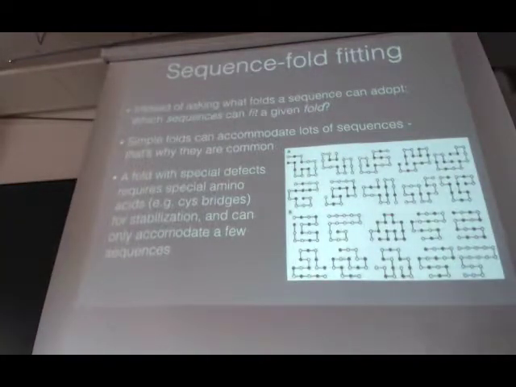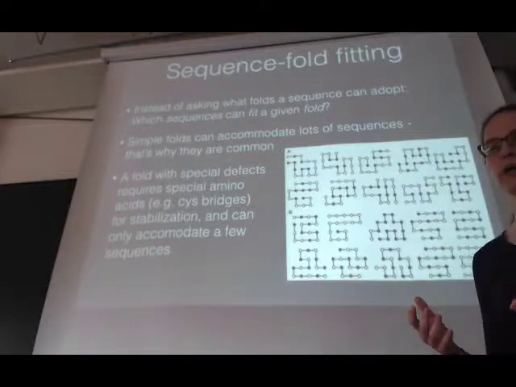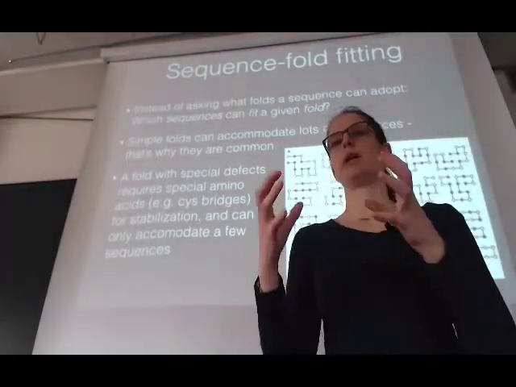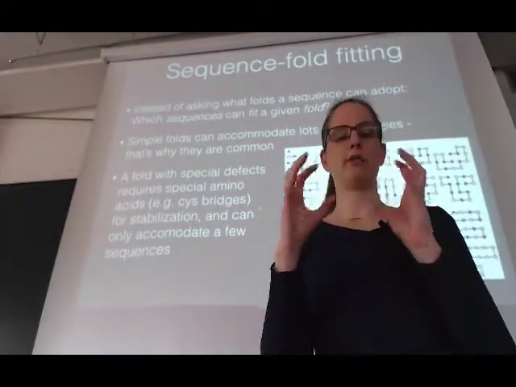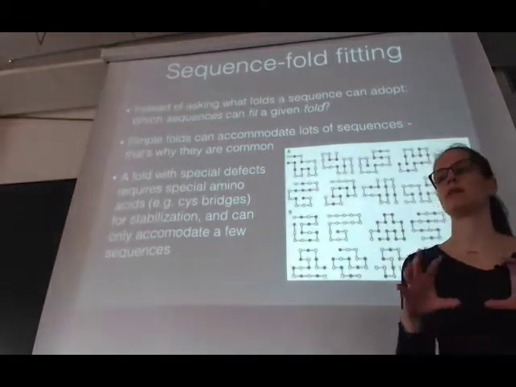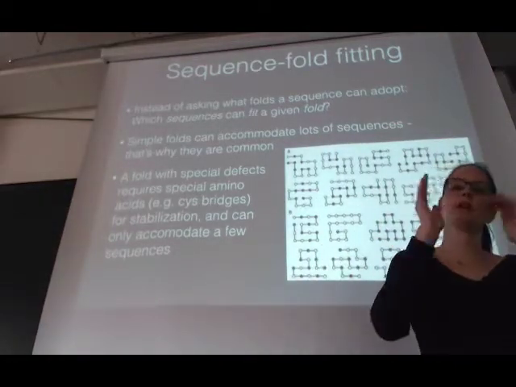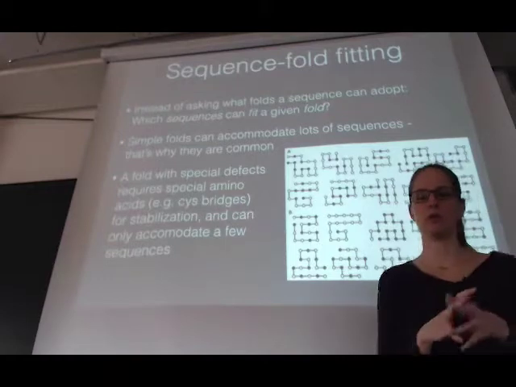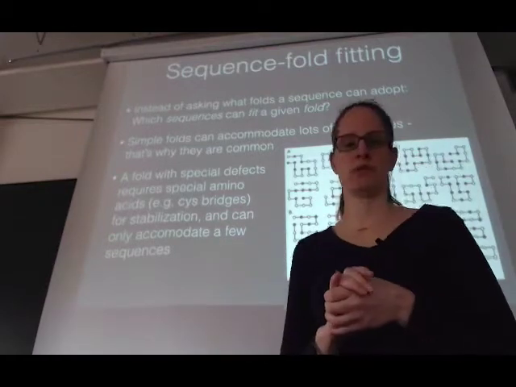And if you think about it in terms of probabilities, we said defects are allowed, but defects will require something special to stabilize them, right? And if they require something special, it means that not a large number of sequences will be able to fit this fold.